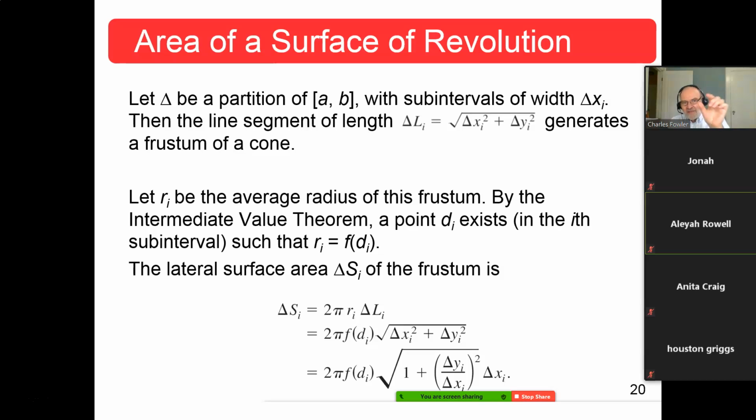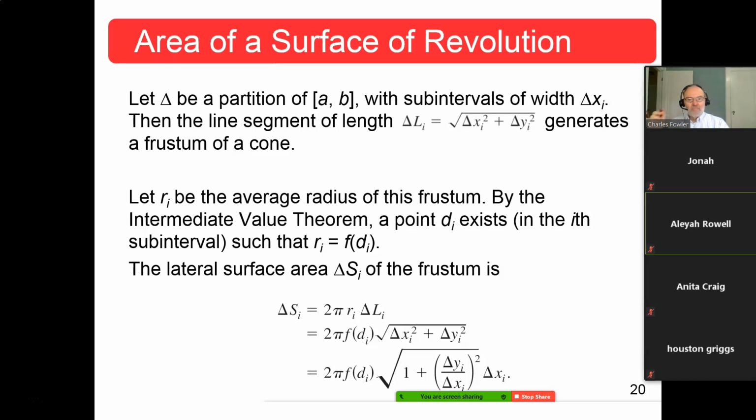Basically just like we did when we were doing arc length. This delta L is just like an arc length. Let R be the average radius of the frustum, R sub i. By the intermediate value theorem, the point d sub i exists in the i-th subinterval such that R sub i is exactly equal to f of d sub i.